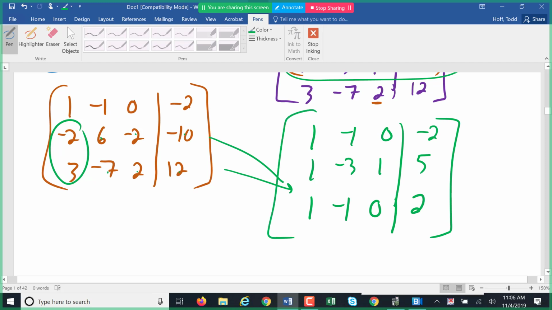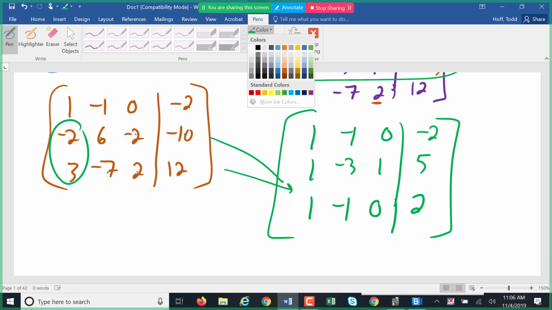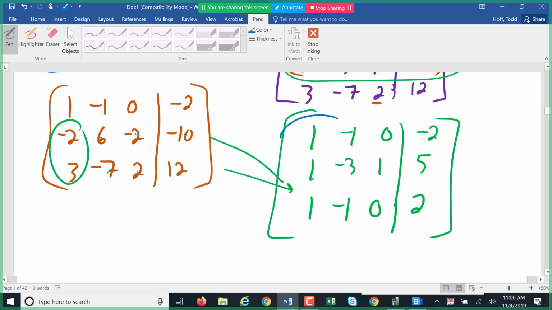Now there's something that's developed here that could be concerning. The top row and the bottom row are the same, but there's a different constant over here. When this happens, I know that I have one of these cases.